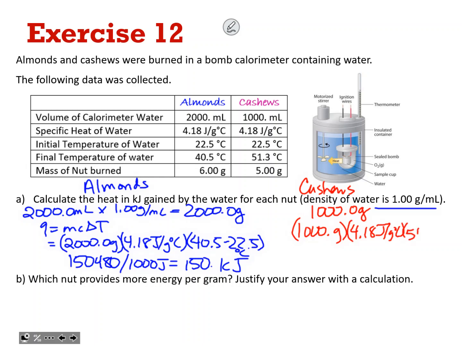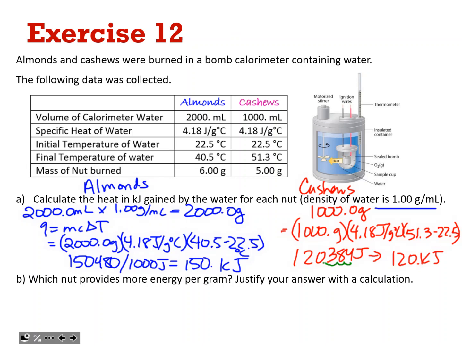This one's a little bit higher, so 51 minus 22.5, like so. And we get our amount here. And this is 120,384 joules. So change that over. 1, 2, 3. So this is going to end up being 120 kilojoules. Don't forget your dot to make that significant. There you go. All right.